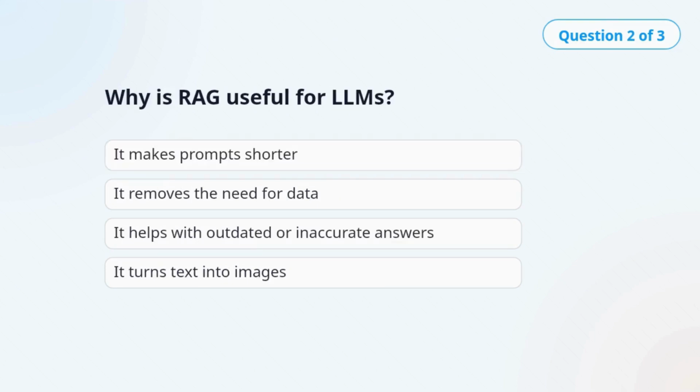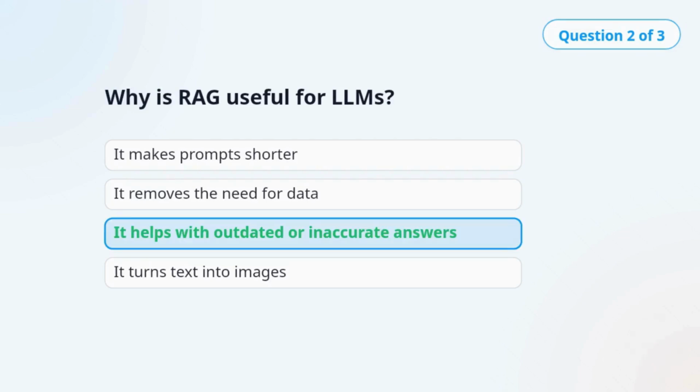Question 2. Why is RAG useful for LLMs? The correct answer is it helps with outdated or inaccurate answers. RAG improves factual grounding by retrieving up-to-date and relevant information before generation.